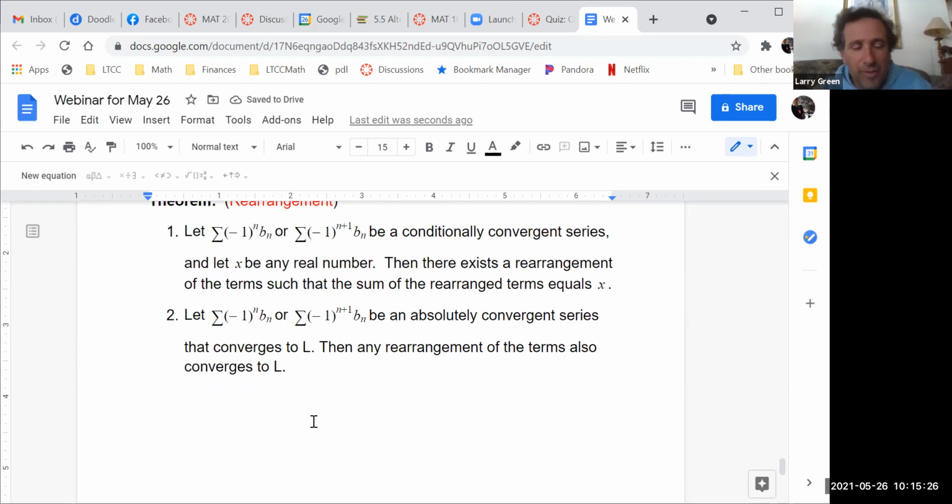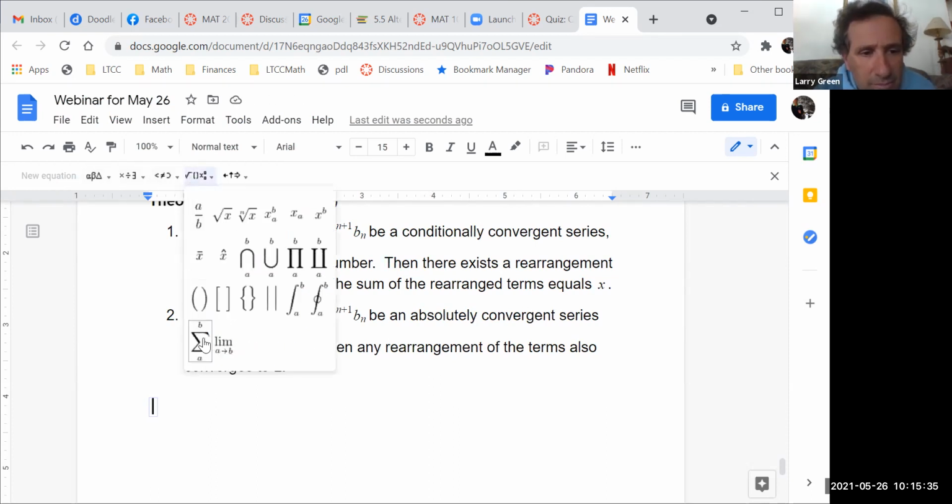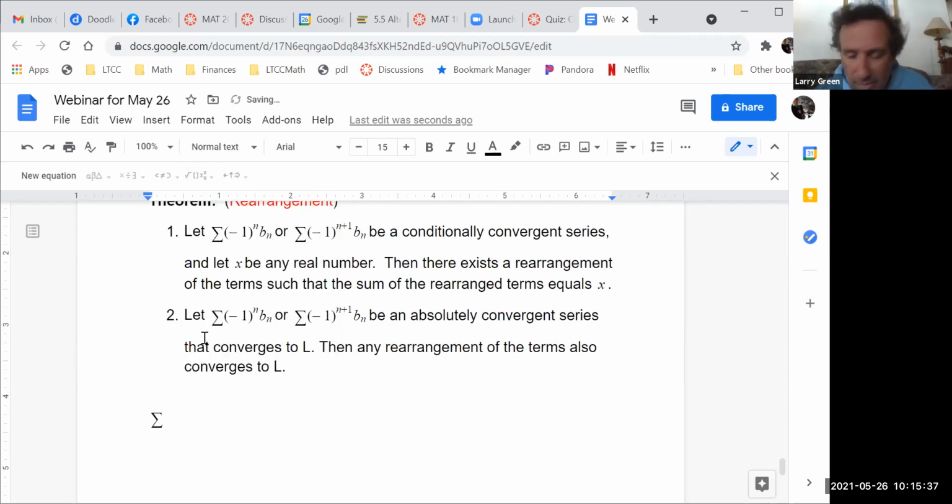So let me show you what I mean by number 1 especially. Let's suppose we have the classic conditional convergence, the summation of negative 1 to the n over n.